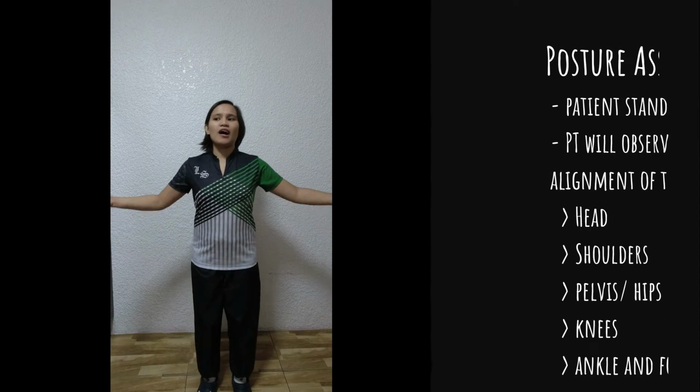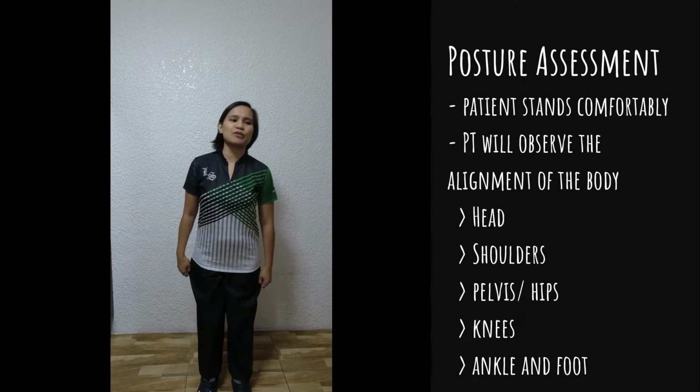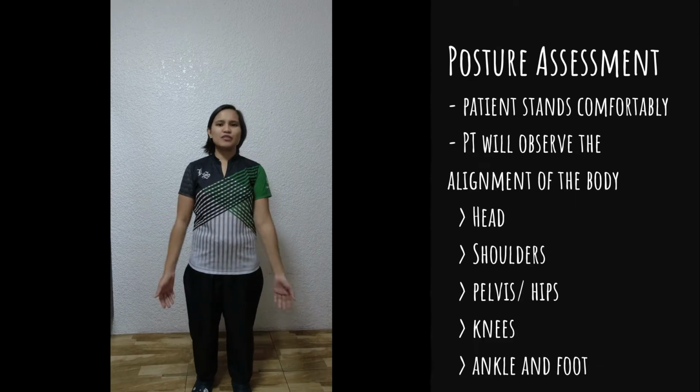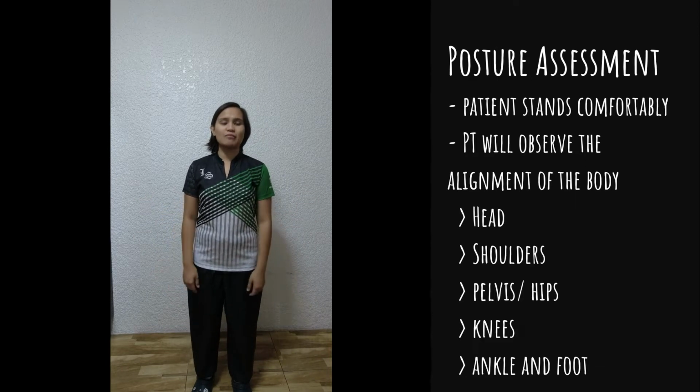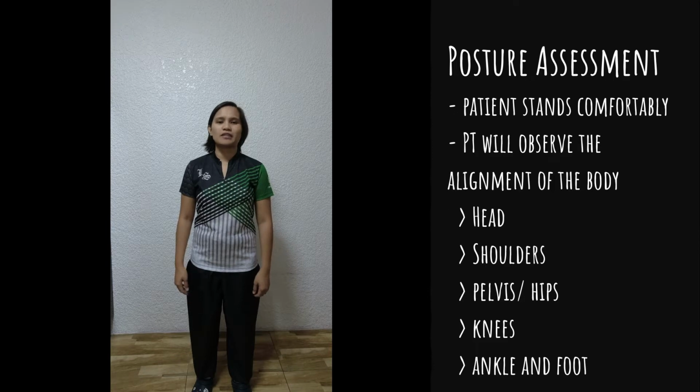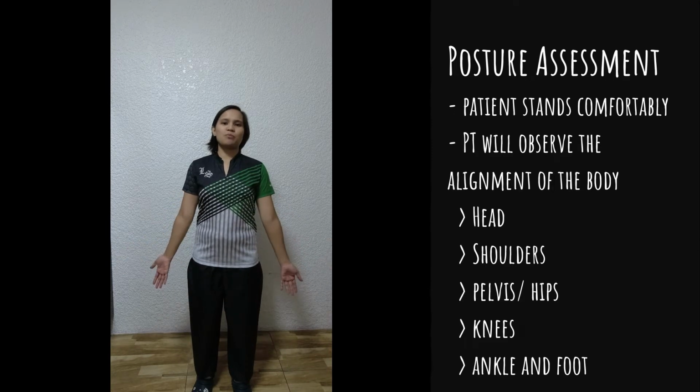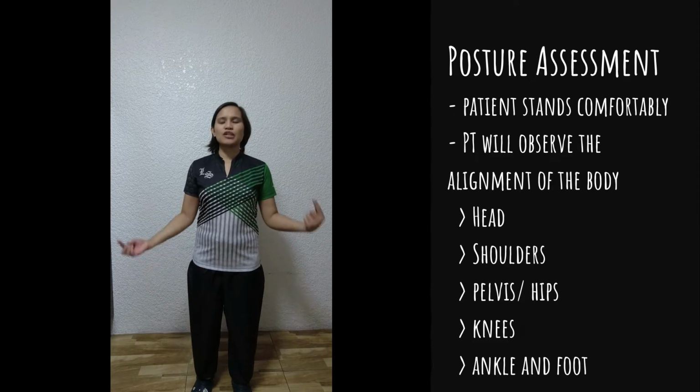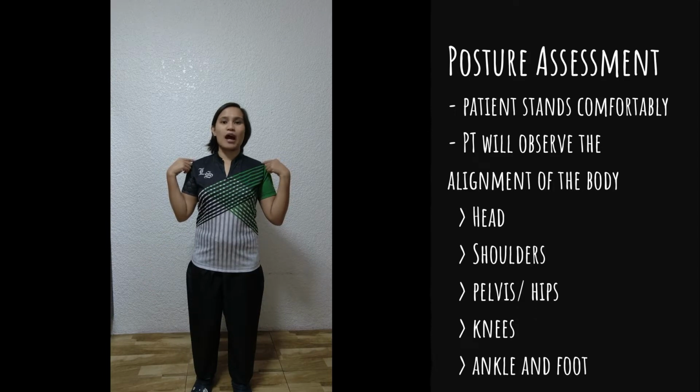Now, what we basically do is just ask our patient to stand comfortably in a relaxed position. And as PTs, we try to observe the alignment of specific body landmarks. Now, if I'm doing this position, you could observe my bony landmark, my acromion process here, if it is aligned or if one shoulder is actually higher.